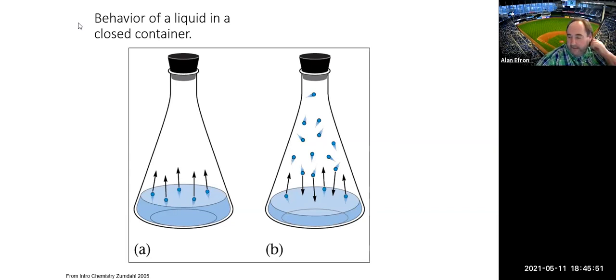Another effect that we see when we look at a liquid in a closed container is the ending volume of your liquid versus where you started. When you close the container, at the start you're going to have a very high rate of evaporation from the surface.